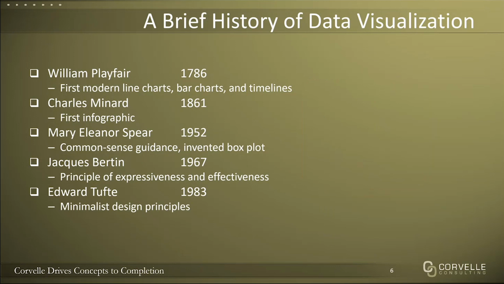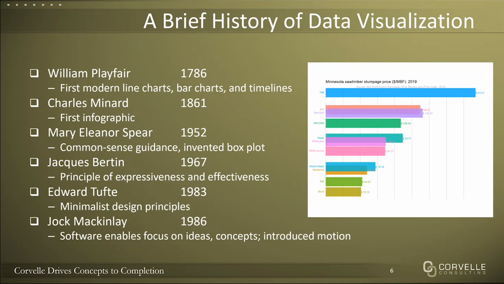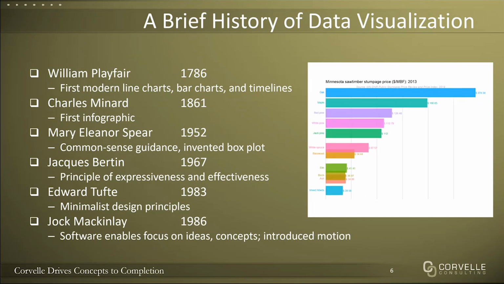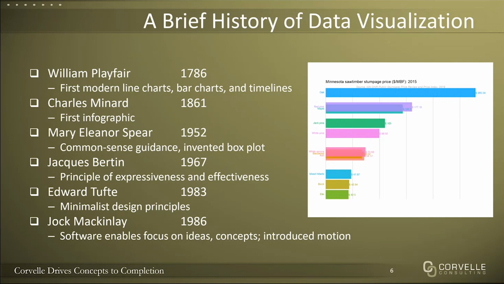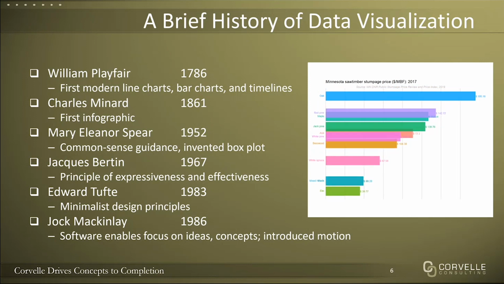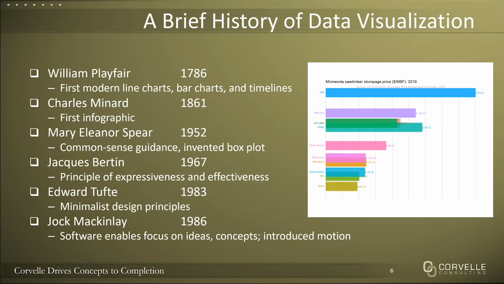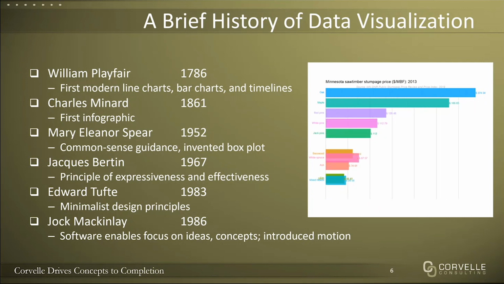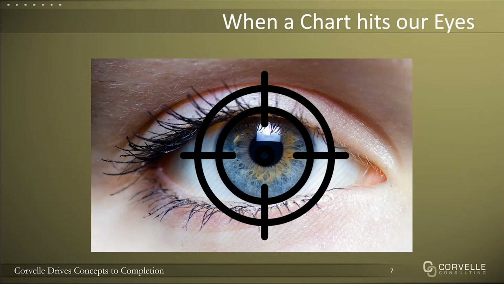And then we have Edward Tufte, who emphasized minimalist design principles, and you'll see a lot of what I suggest today will be based on his thinking about excellent data visualization. And then we have Jack Macaulay, who added motion to all of this, and he was the leading light, or is the leading light, behind the development of Tableau, the software package.